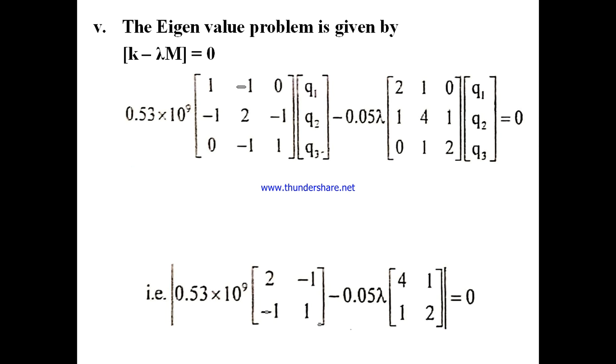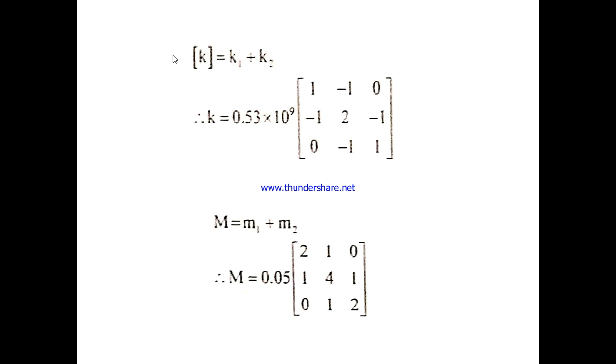But here we have a very simple bar, it's not too complicated, so I am going to use a consistent mass matrix. So for this equation I require the K value and M value, where K is the global stiffness matrix of the total component, whether it is stepped or whatever it may be, and the global consistent mass matrix. Okay, fine.